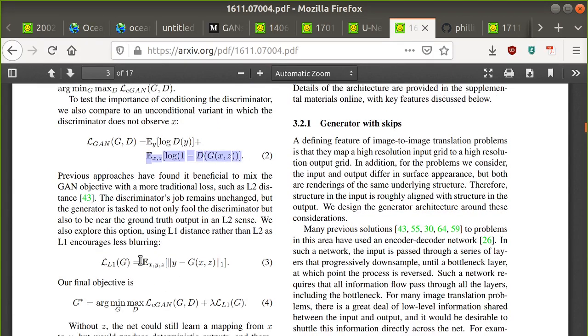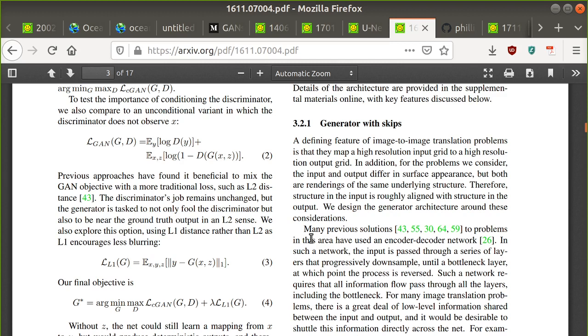But they add this additional term, which just says the generator, in addition to fooling the discriminator, should also just produce something like what we know to be the true cloud reflectance pattern that was measured by the satellite at the same time these meteorological variables were measured.